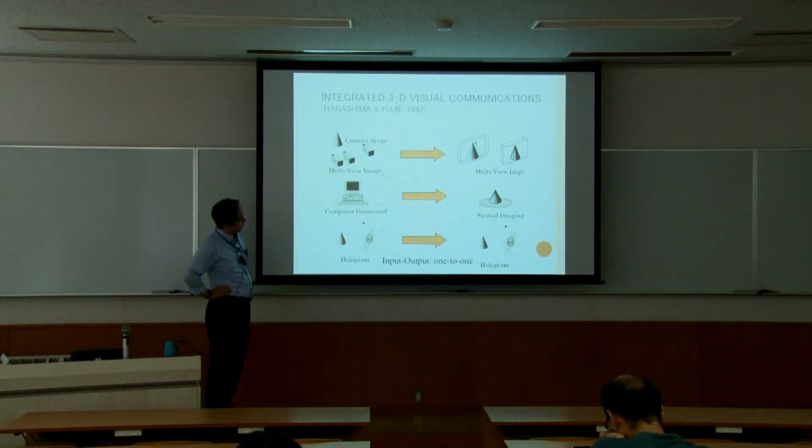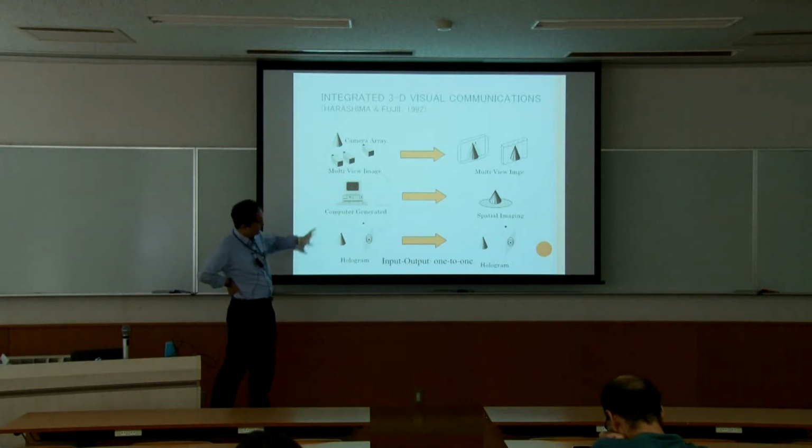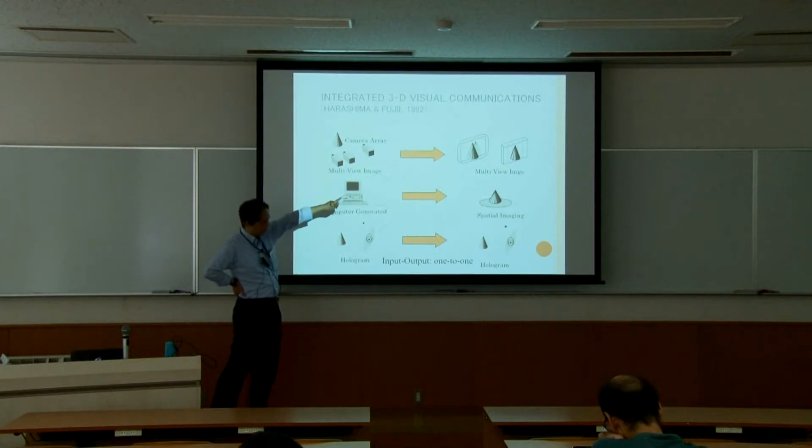how do we construct a 3D communication system? There are many kinds of input devices, and there are many kinds of output devices. So how can we connect them? A very simple one is this. The multi-view image capturing system sends the image and displays a multi-view image.